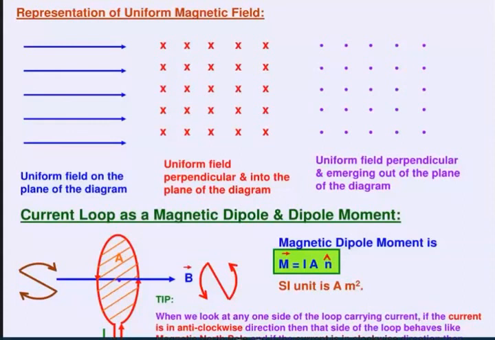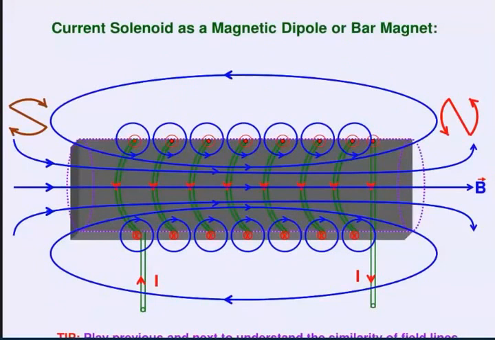Now, so far we have discussed a single loop. If so many loops are coaxially arranged together, then what will happen to the magnetic dipole moment?